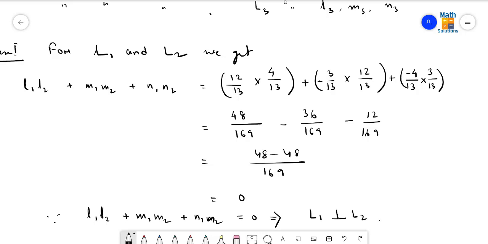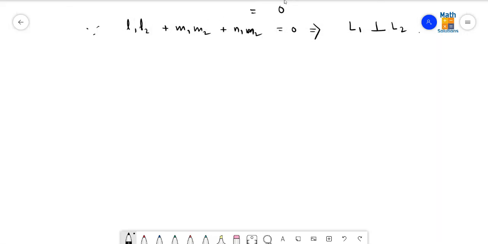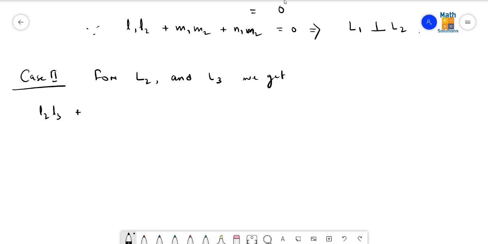In the same way, if we consider the second case, case 2, for L2 and L3 we have to write here l2 l3 plus m2 m3 plus n2 n3.